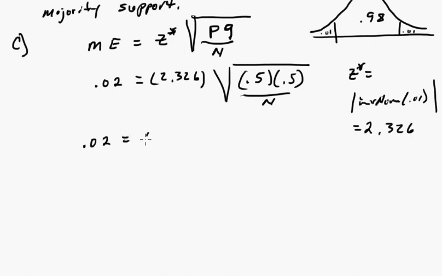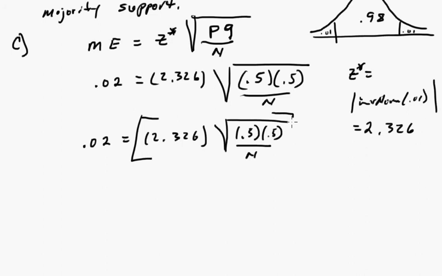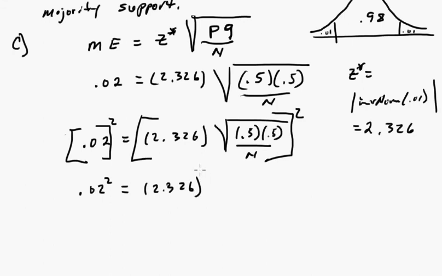Okay, so if I solve for n, 0.02 equals 2.326 times the square root of 0.5 times 0.5 over n. So I'm just going to square both sides. What I do to one side, I do to the other. So I get 0.02 squared equals 2.326 squared times 0.5 times 0.5 over n.